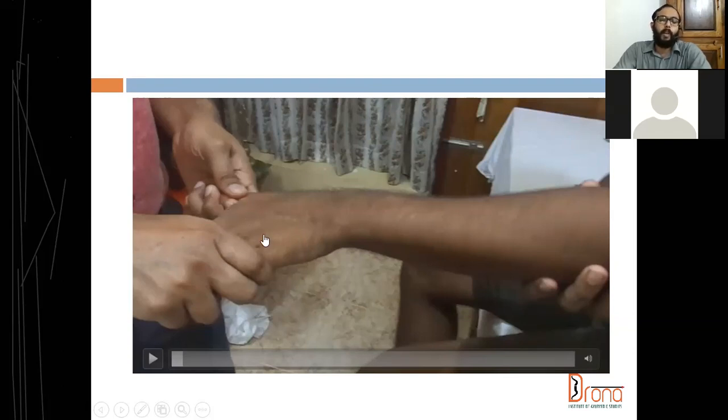Up to the metacarpophalangeal joint, there will be bandage, so traction should be given distal to the metacarpophalangeal joint. Otherwise, at the time of bandage, the person giving traction will remove the traction, which may cause redisplacement of the fractured fragment.